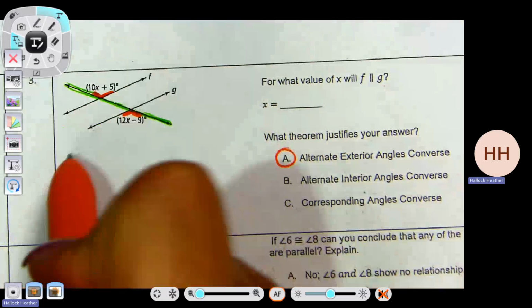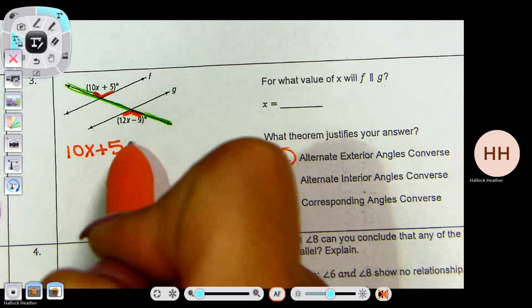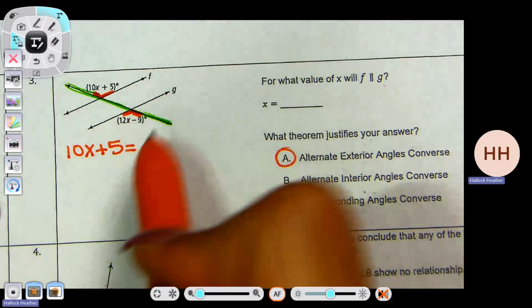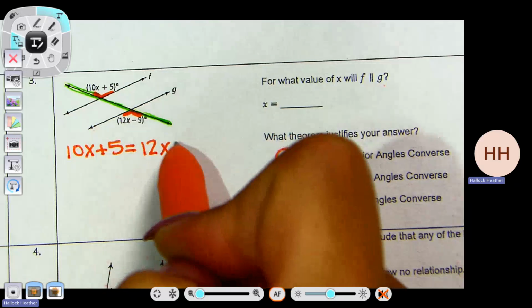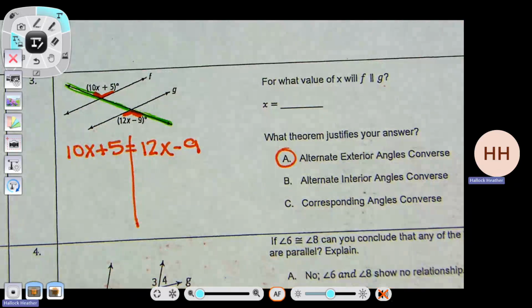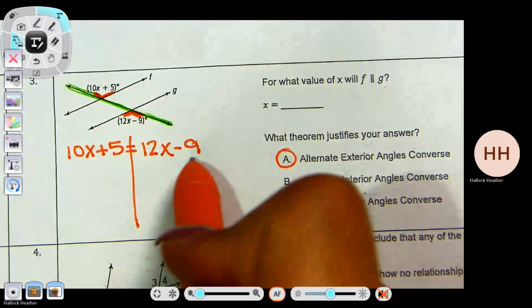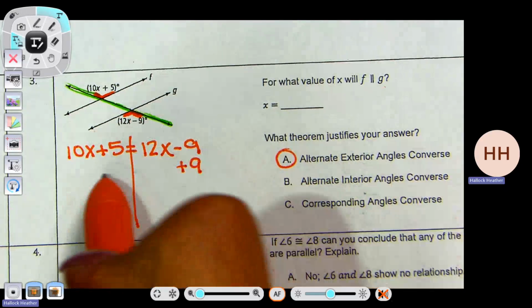So we're going to say 10x plus 5 equals 12x minus 9. You could minus 5 to both sides, but I'm going to get rid of my negative. So I'm going to add 9 because negatives make your life difficult.